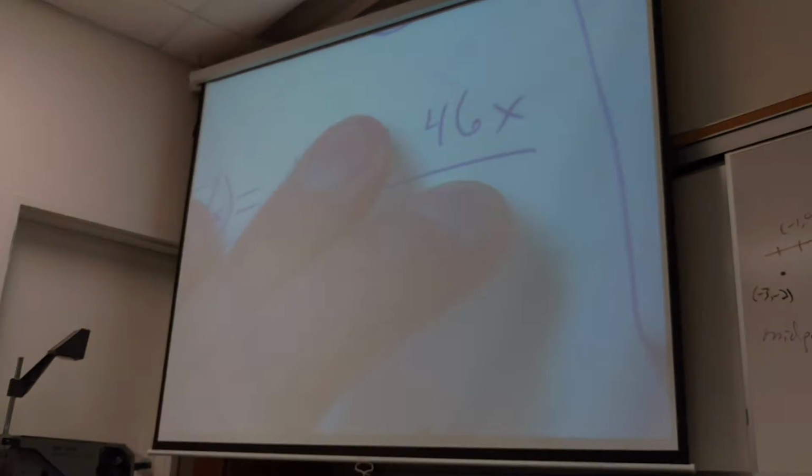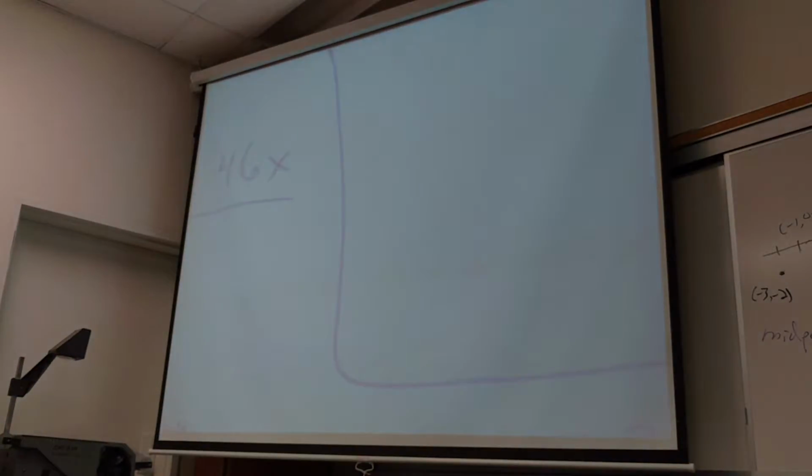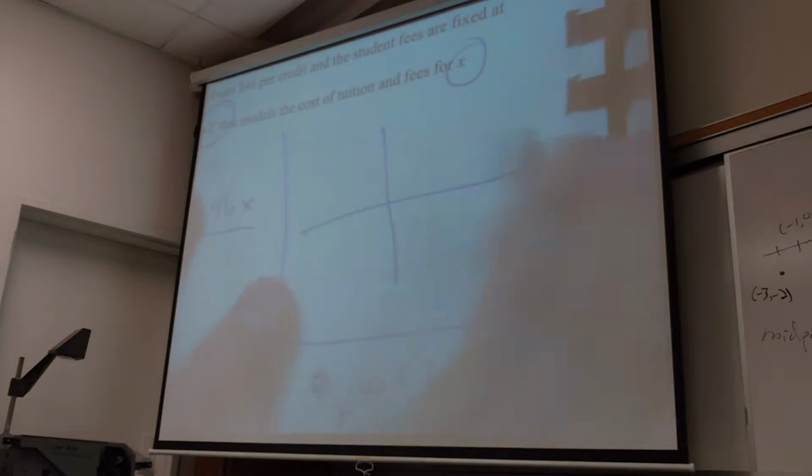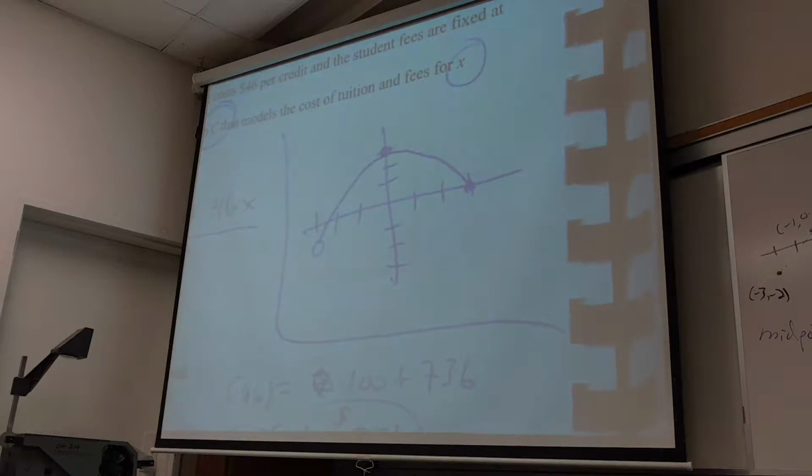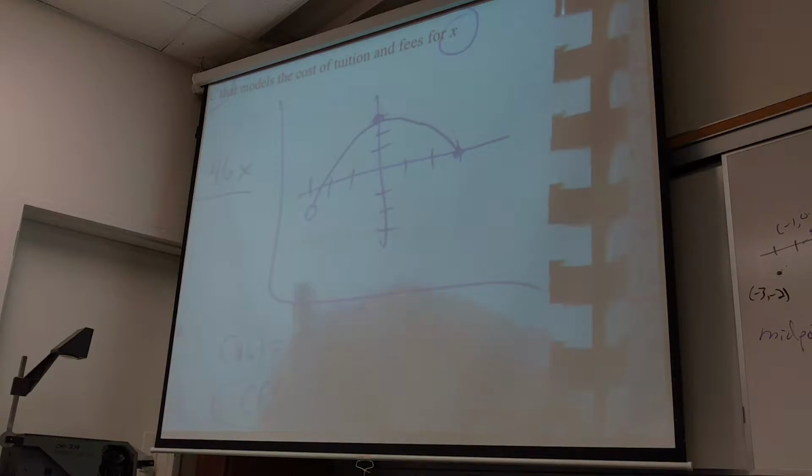Real quick. Holy crap, that's really zoomed in. Alright, so if I had a problem like this, it's a problem they should have given us somewhere. What would the domain be?